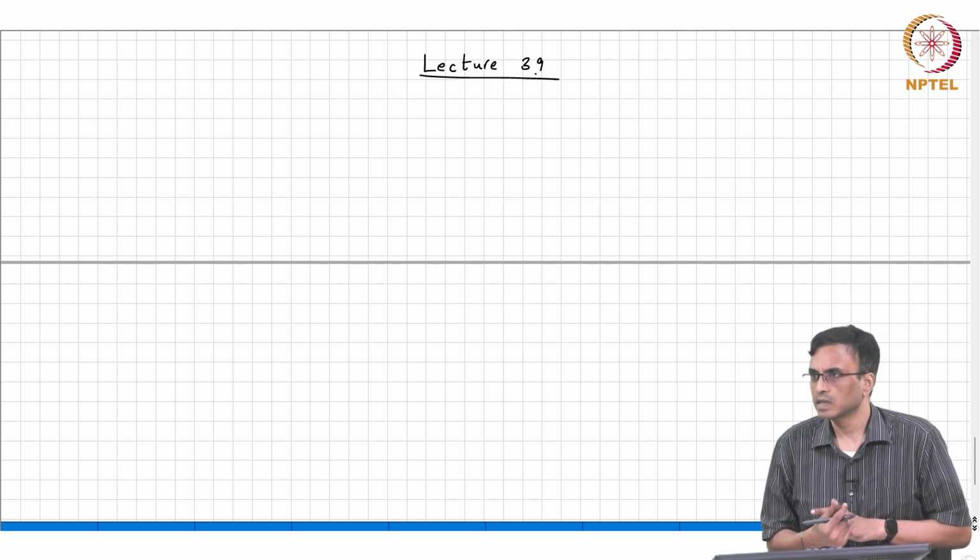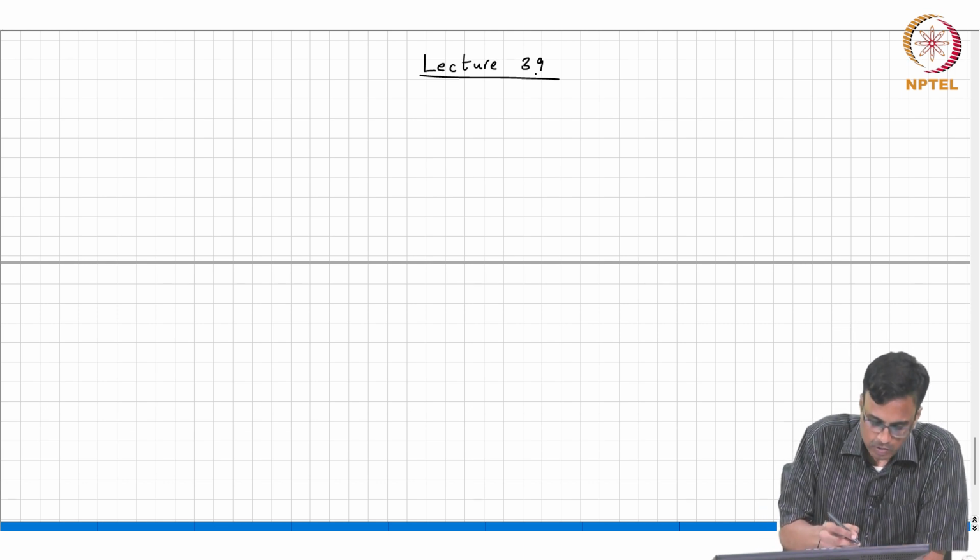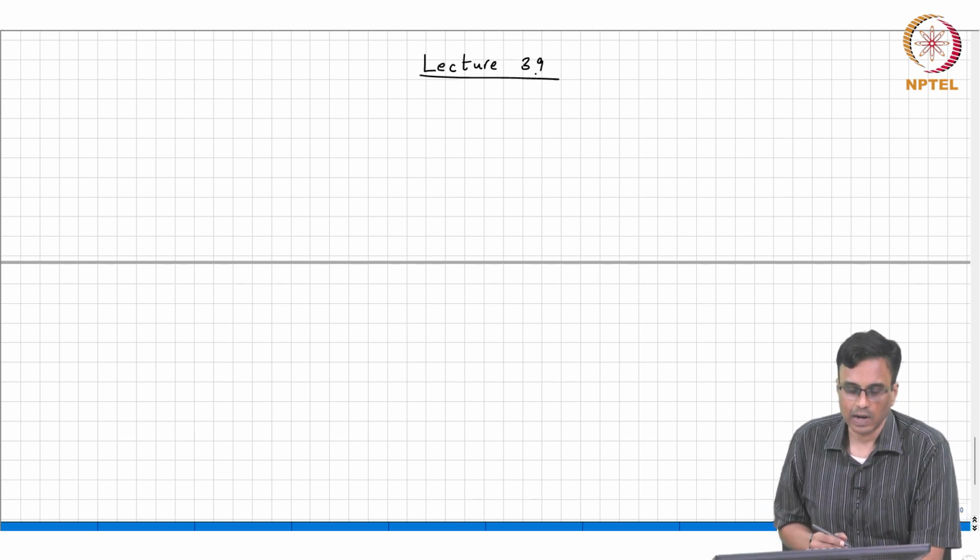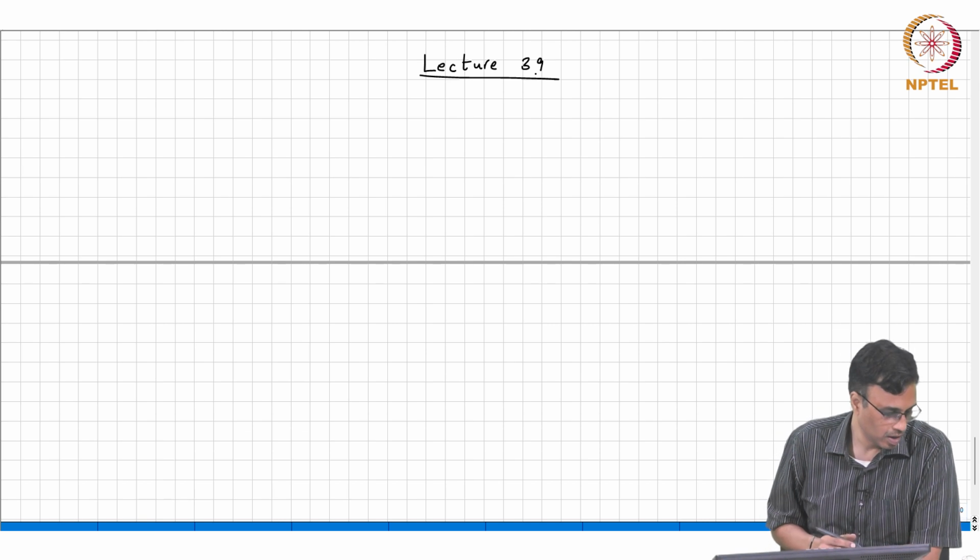This is lecture 39. In the last class we were looking at going over pretty much all that we did with MOS transistors. We were doing it with bipolar transistors, and the first thing we looked at was the voltage controlled voltage source, that is the common collector amplifier.